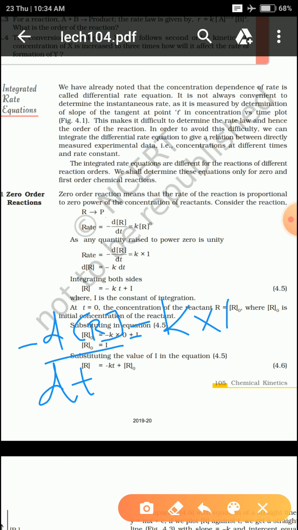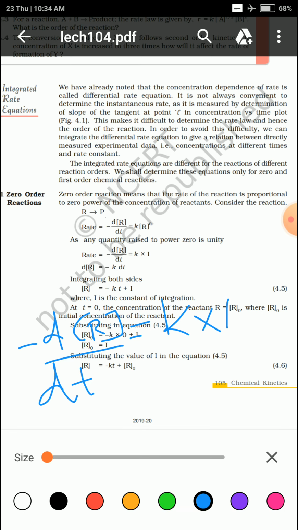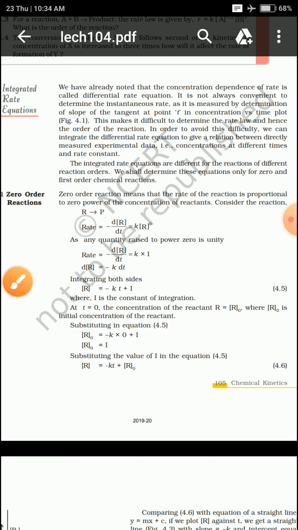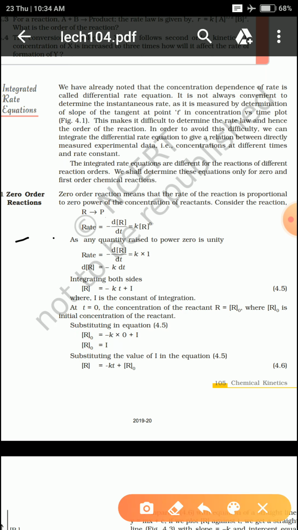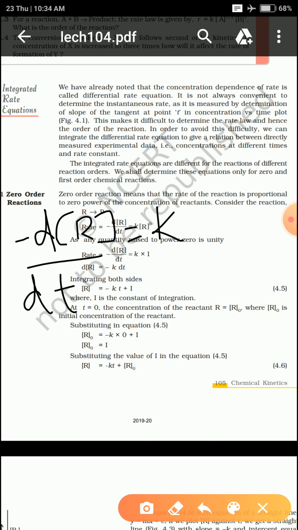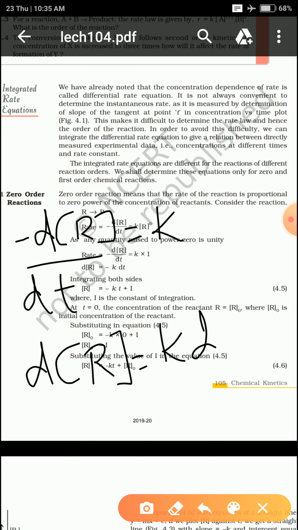Now K into 1 means K, so the equation becomes minus dR by dt equals K. We rearrange it by writing dR equals minus K into dt, where we transport the minus to the other side. I hope you understood how it is done.